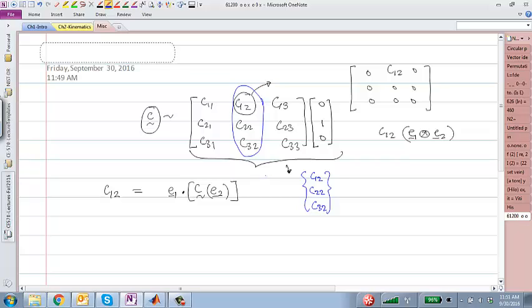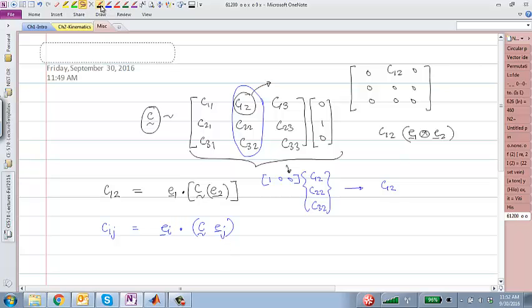And if I then take a dot product of that with E1, which is 1, 0, 0, then I get C12. So in general, Cij would be equal to Ei dot with C acting on Ej. You pick whatever value of i and j you want between 1 and 3. You can pick out any of those 9 components using Ei dot with C acting on Ej.